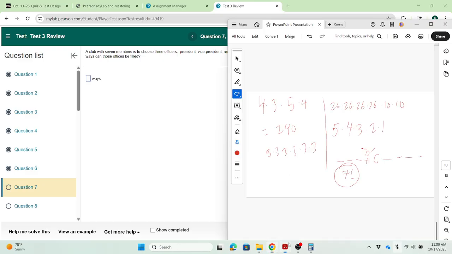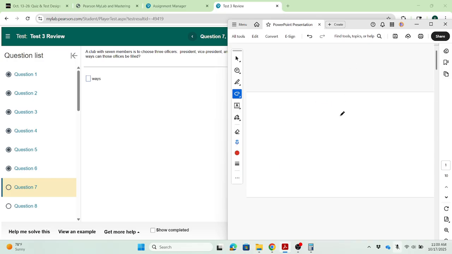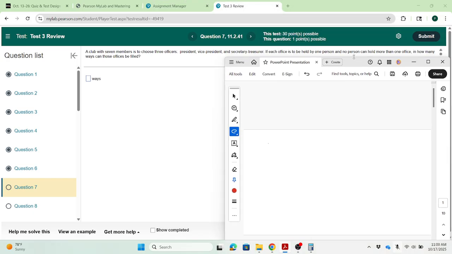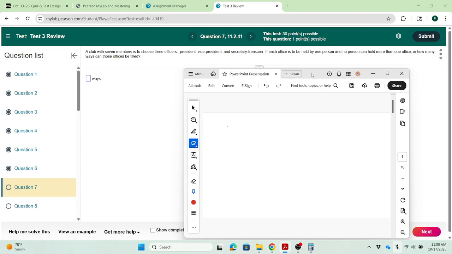Out of 7, you are trying to choose 3 officers, with different officers at different posts. This is a permutation problem, because the order matters. If one person is president and another is vice president, and vice versa, you have to count it twice.